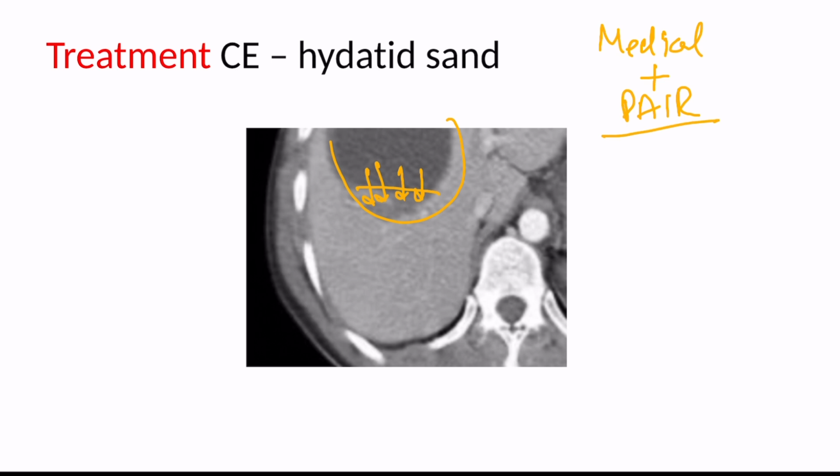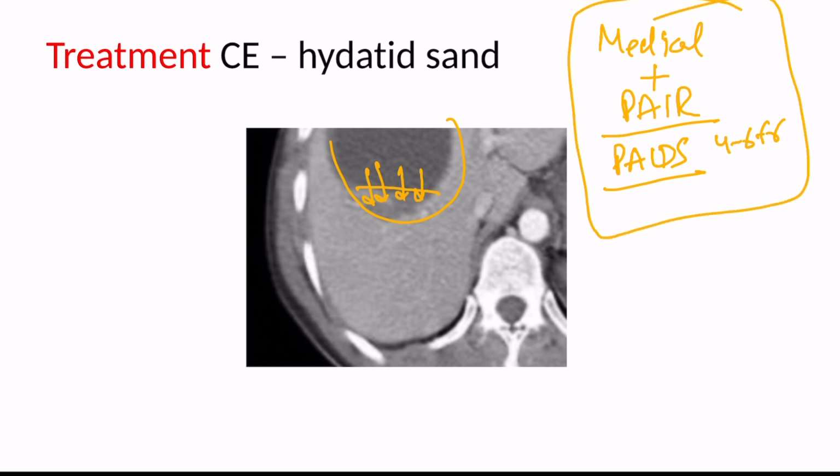Another option is to put a wider bore catheter like PAIR or PADS, a 4 to 6 French catheter, and then you can aspirate some thicker hydatid sand also. So treatment in this stage is medical plus interventional radiology, PAIR or PADS. If contraindicated, go for surgery.